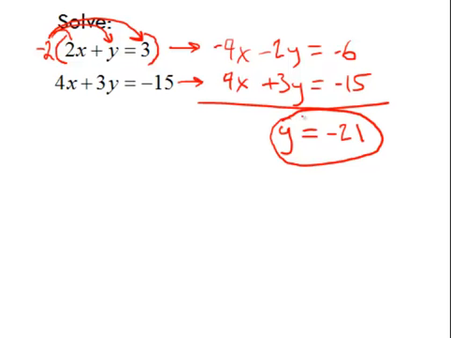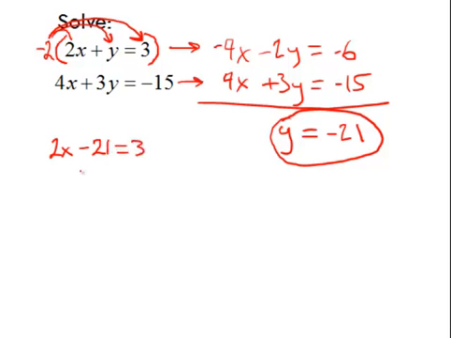And to find the x value, I'll take this and plug it into an equation somewhere. I think this original one before I multiplied it is probably the easiest one to use. So if you need to, you can rewrite it a little bit lower. 2x, I'll take the y out and replace it with 21. So plus negative 21 has to equal 3.